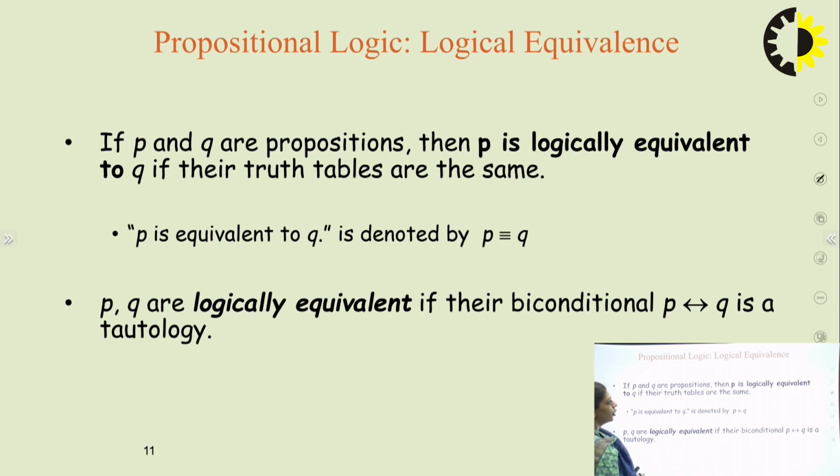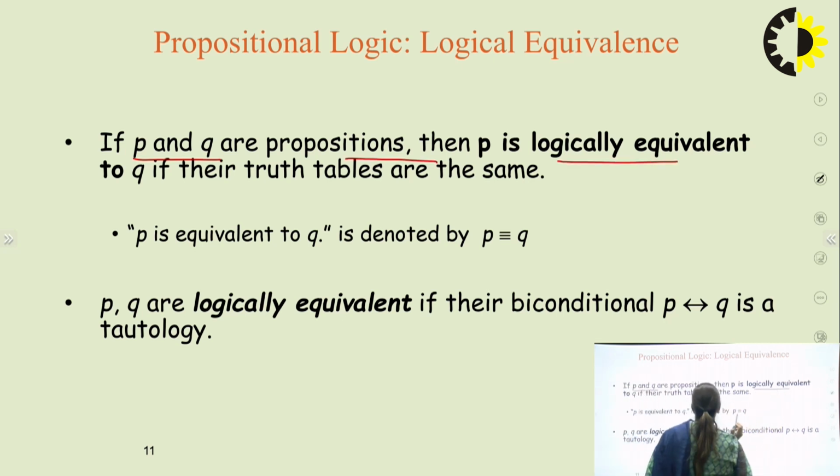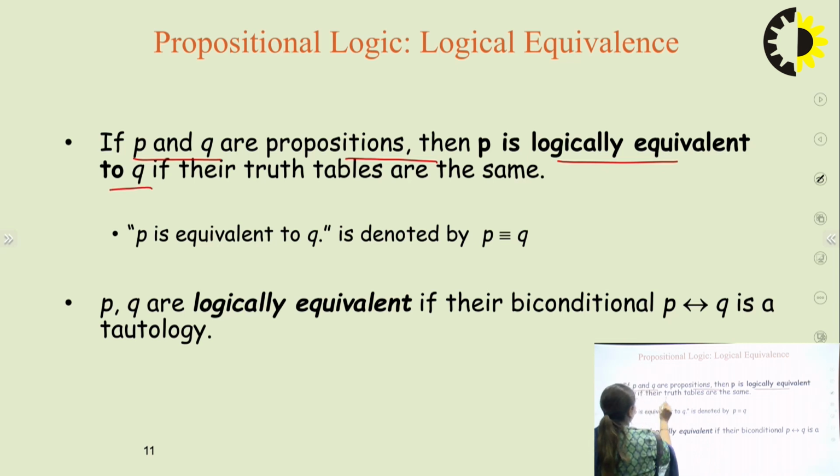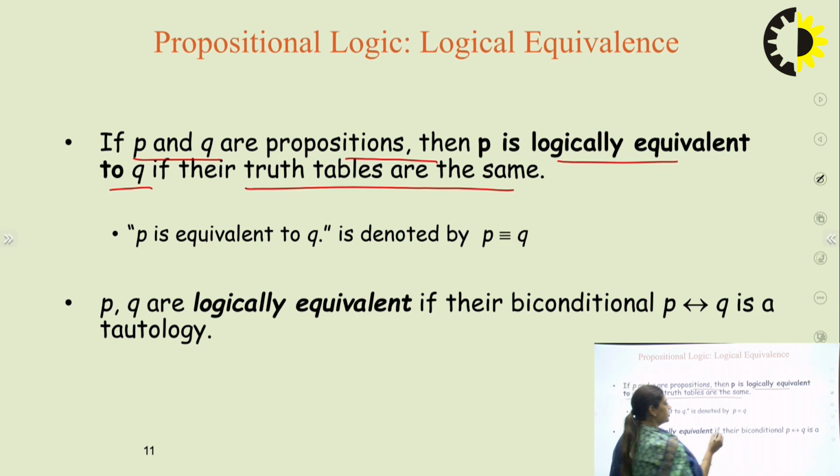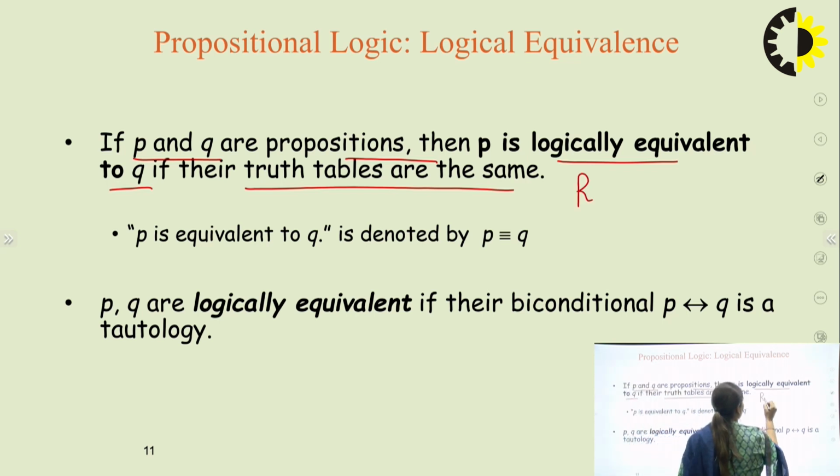Propositional logic and logical equivalence, right? If P and Q are propositions, then P is logically equivalent to Q if the truth tables are the same, right? Suppose R is an implication, we draw a truth table for it.